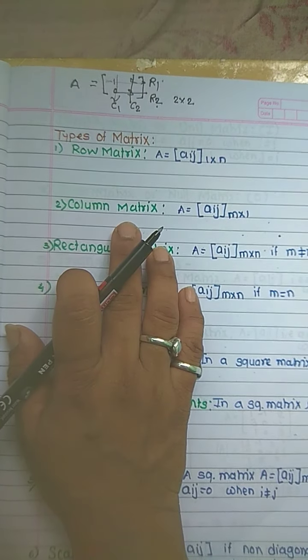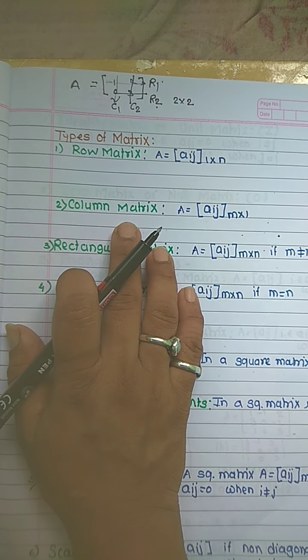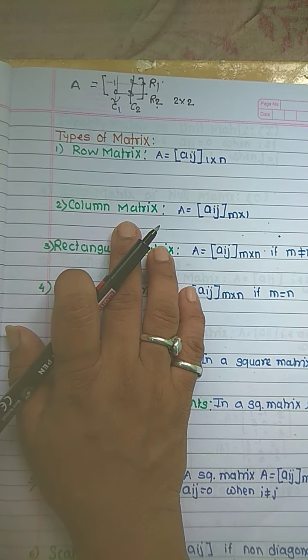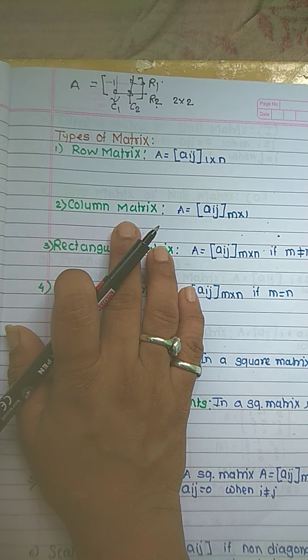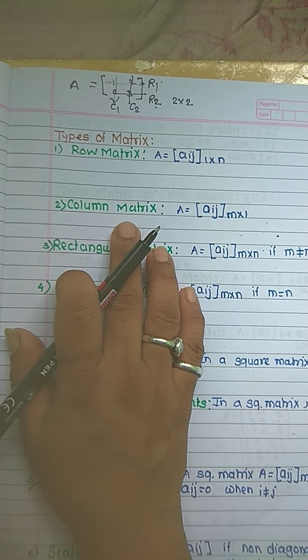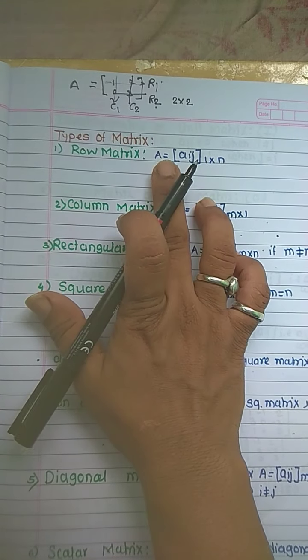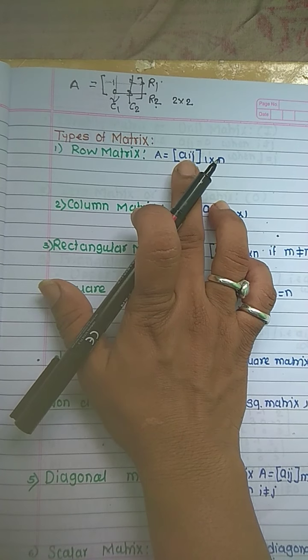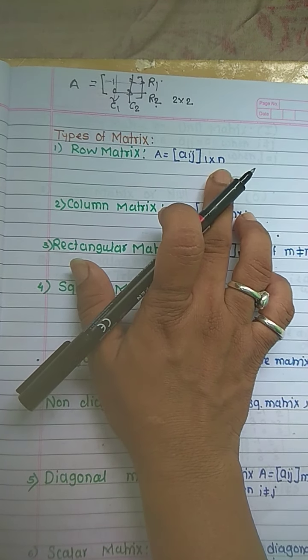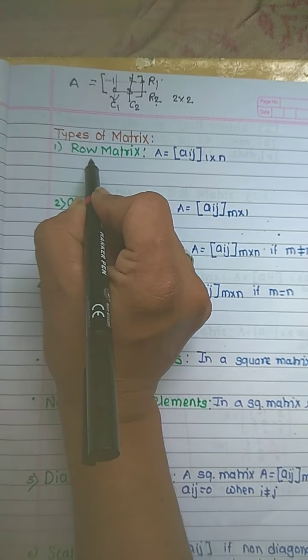Now, see the types of matrices. First, row matrix. A matrix which contains only one row is called a row matrix. In general, it is written as A equals [aij] of order 1 by n.